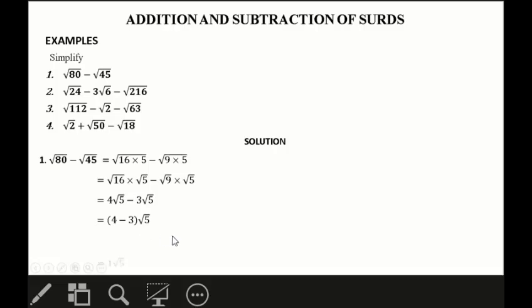Then 4 minus 3 will give us 1 times this root 5, which is 1 root 5. And you know in mathematics, whenever the coefficient is 1, we normally write the expression itself without the 1. So over here, we are going to get what? Root 5 as our final answer.